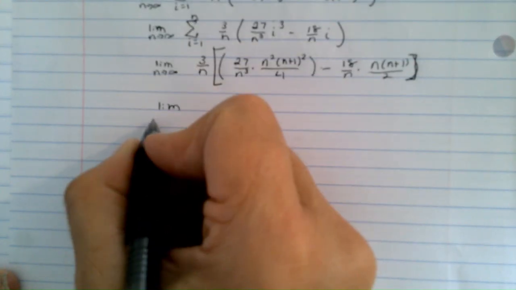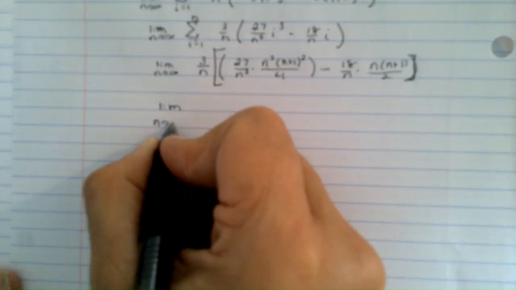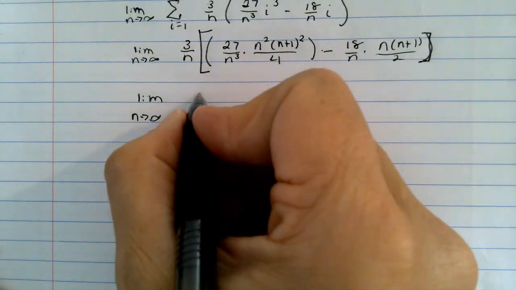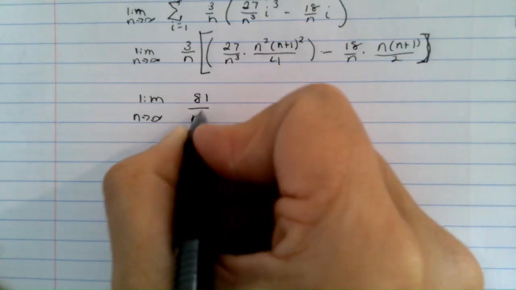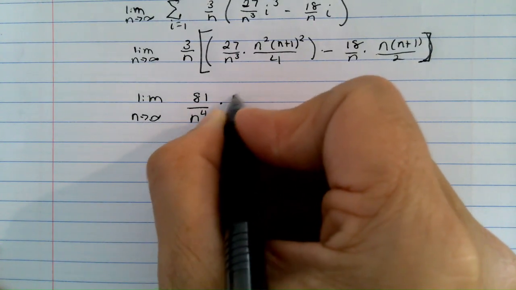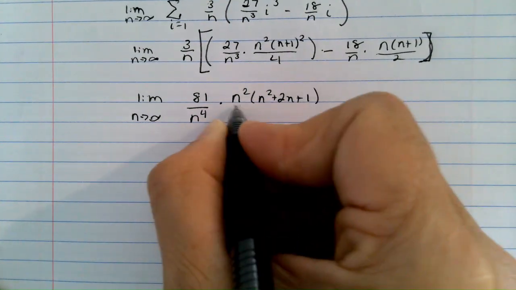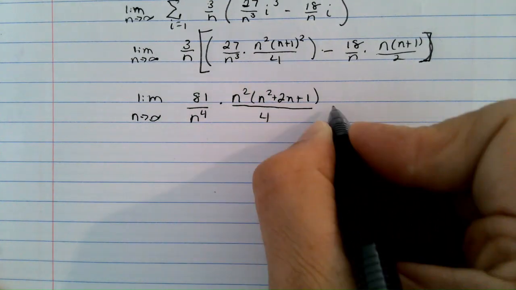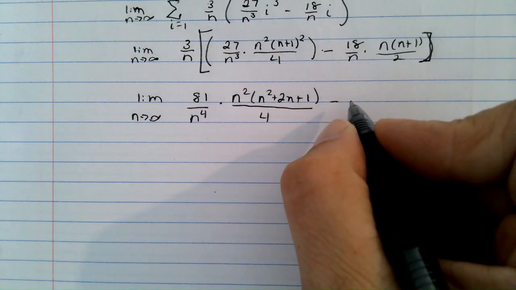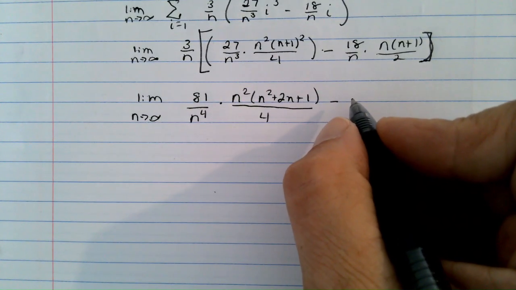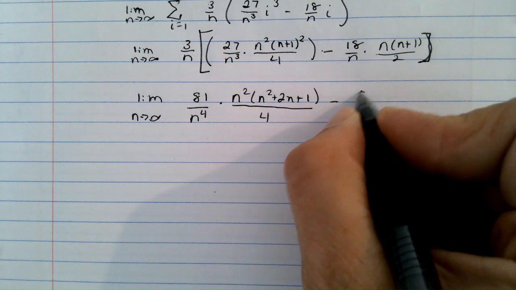I'm going to distribute that 3 over n into it, and I'm going back to 2 lines here. 81 over n to the 4th multiplied by n squared plus 2n plus 1 over 4. 18 times 3 would be 54.